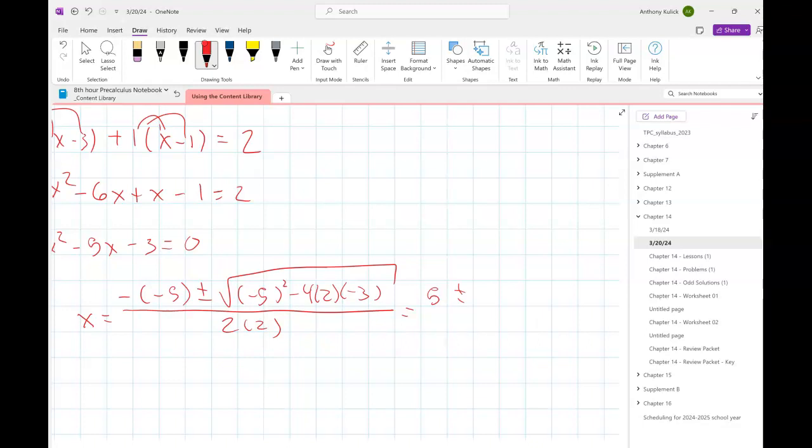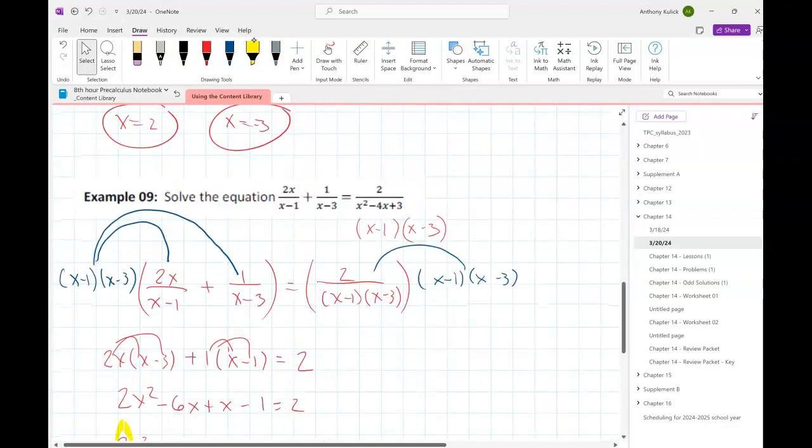Right? Yes. No. 24. Ooh, that was a big oopsie there. 25 plus 24 is 49. Square root of 49 is 7. 5 plus 7 is 12. Divided by 4 is 3. 5 minus 7 is negative 2 over 4 is negative 1/2. So far, so good. Am I done?